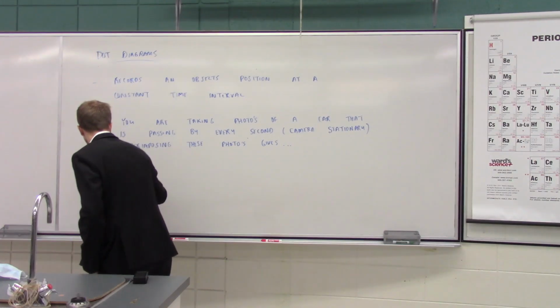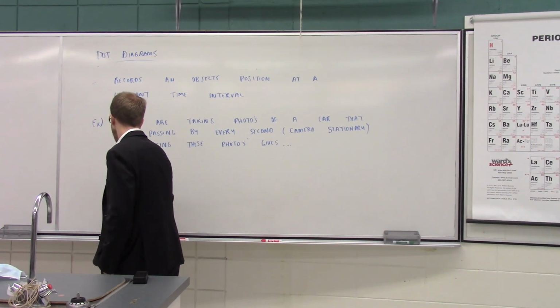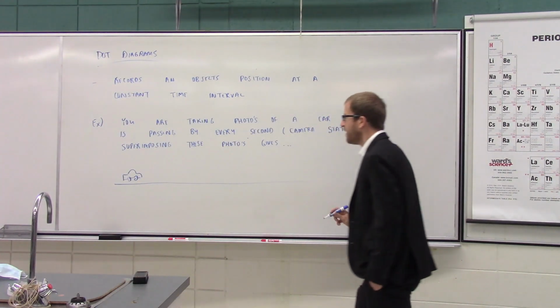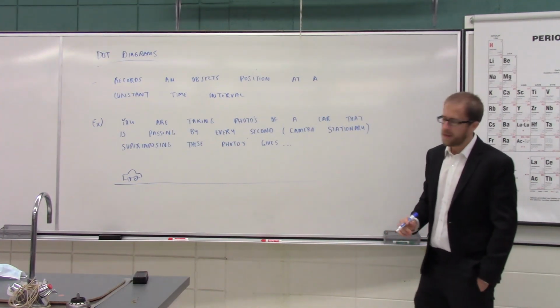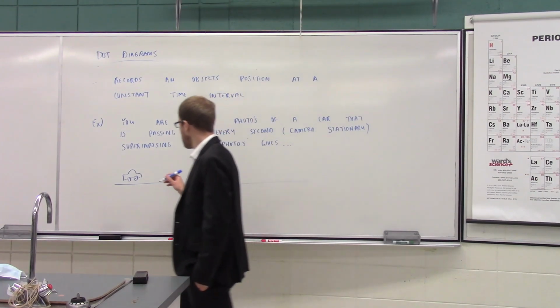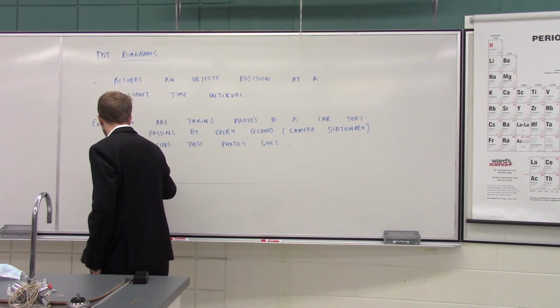So here's my car. I'm an awesome drawer, so here's my sweet little car. And that is the first photo. So that would be, let's say, 0 seconds. Right? You take that first photo.